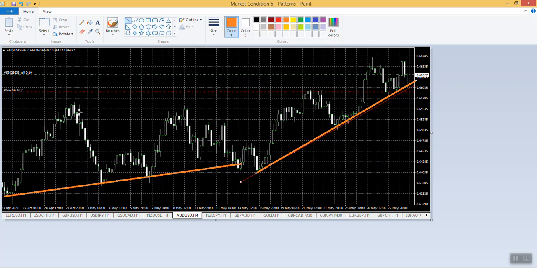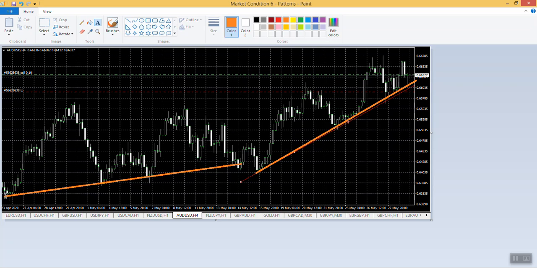Good. Now you realize that anytime the price touches this line, which is called the trend line, it bounces off. Anytime it touches, it bounces off. So this is one of the patterns, and we call this a support.